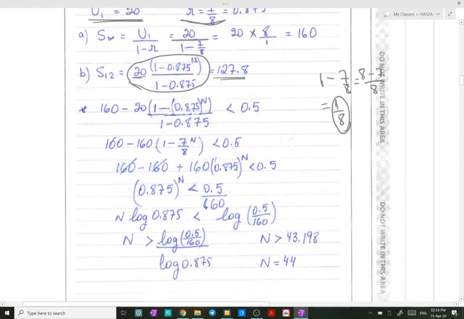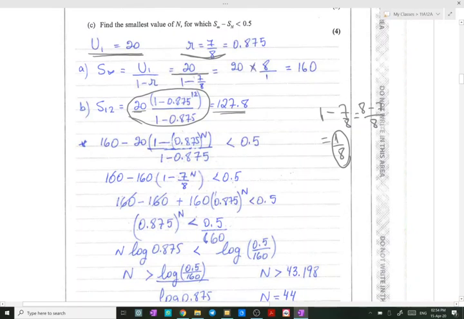And in part C, find the smallest value of n for which S infinity minus S of n is less than 0.5. In this case here, we need to subtract the answer that we already found, which is 160 for S infinity, minus Sn. So 160 minus Sn is less than 0.5.